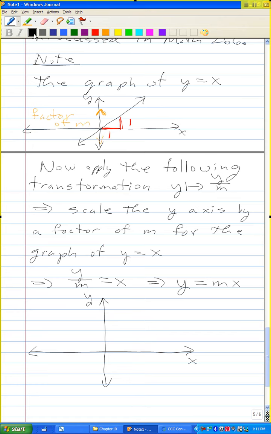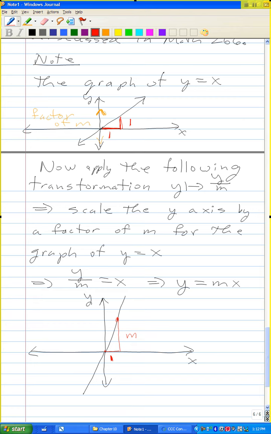And so now the slope will somehow change. Of course, the slope could be going up at a steeper value or at a lesser value. But that's fine. All I do know is that this line here that we had going up 1 no longer goes up 1. It's been stretched by a factor of m. So it now goes up m units. And we know what we call that.